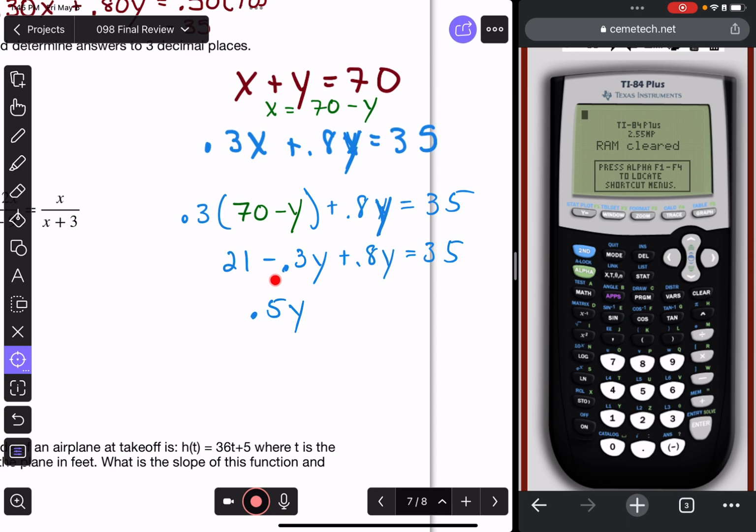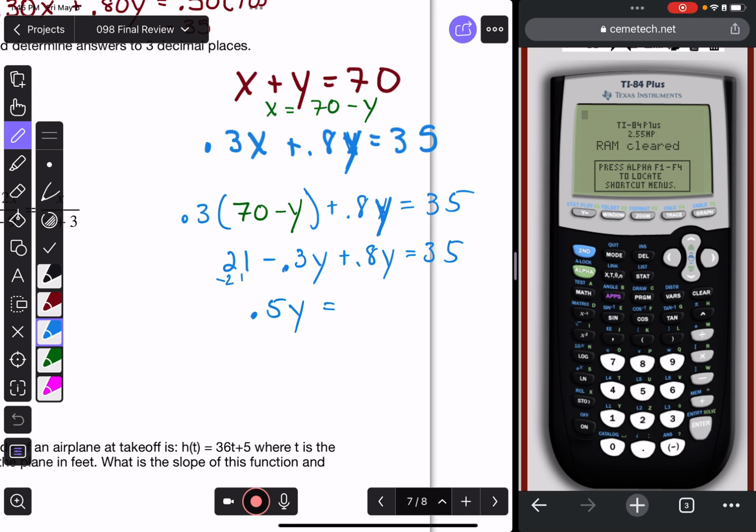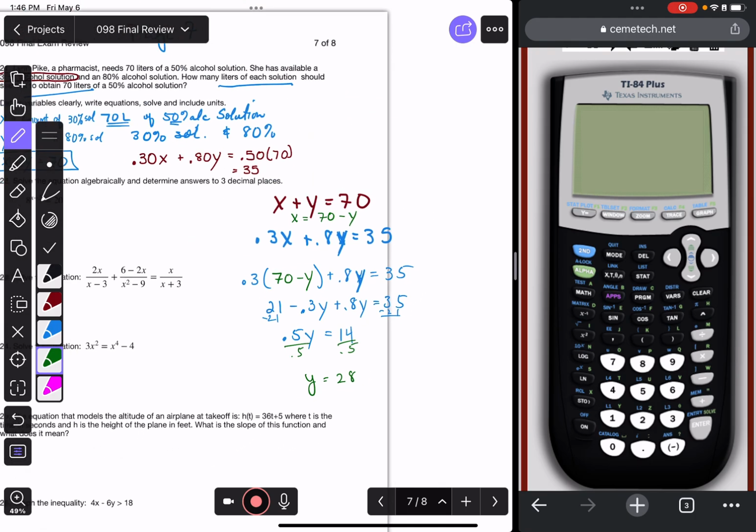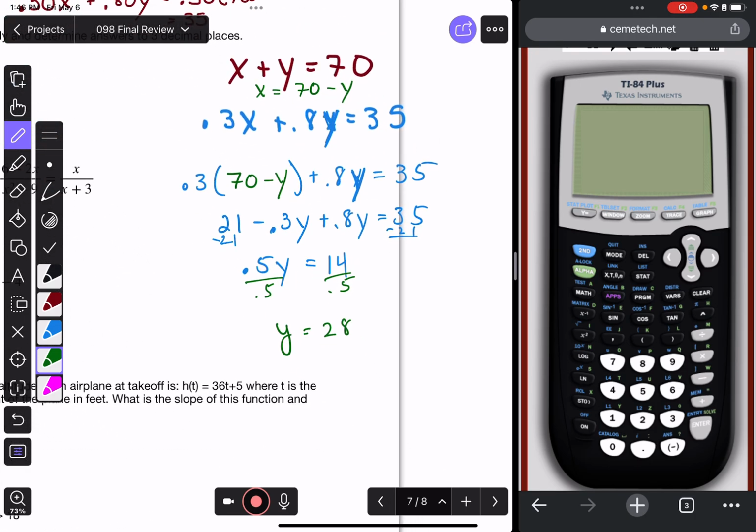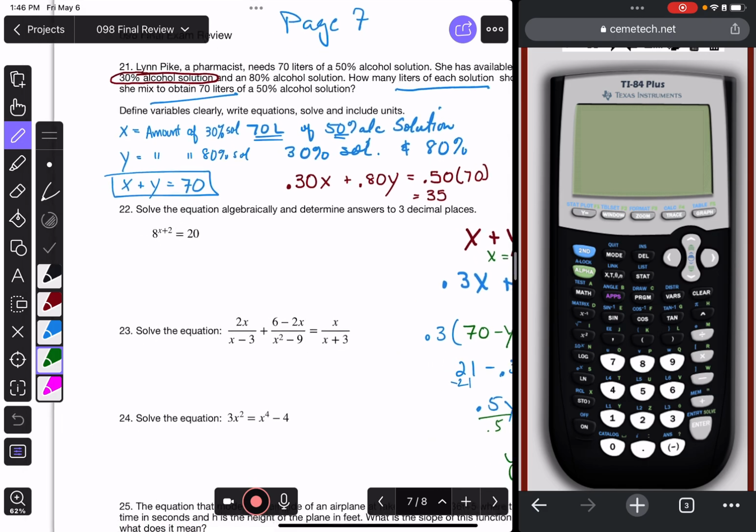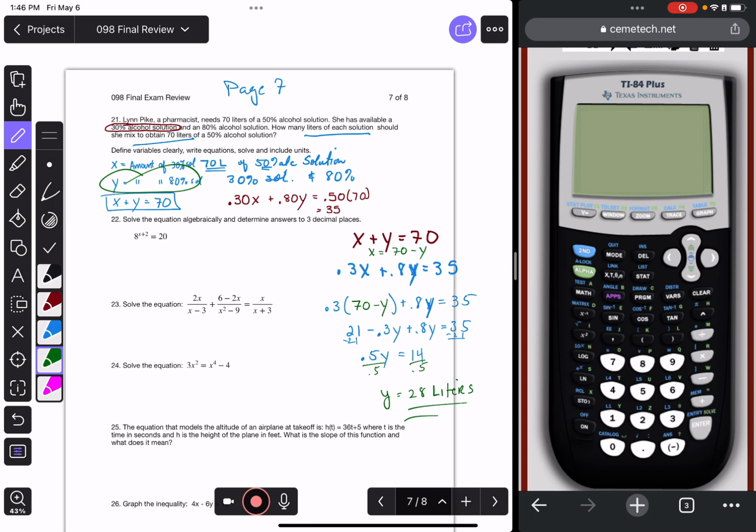Note this is negative 0.3 plus 0.8, that's 0.5, equals, let's subtract this 21, giving us 14, and we'll divide by 0.5. Y equals 28. So she's going to need, these things are all in liters, she's going to need 28 liters of Y, which is her 80% solution.